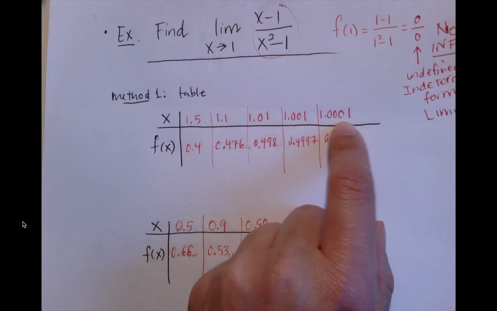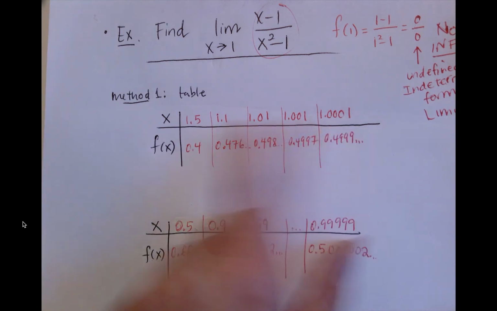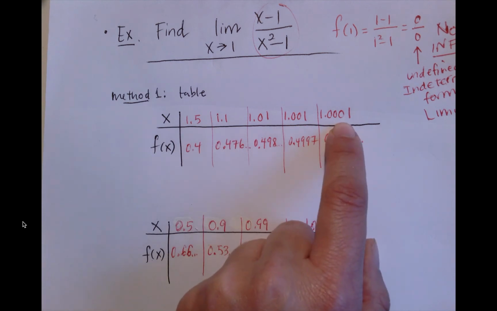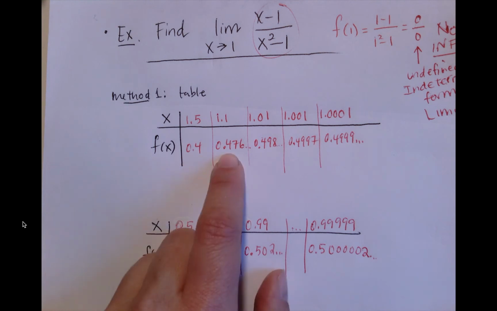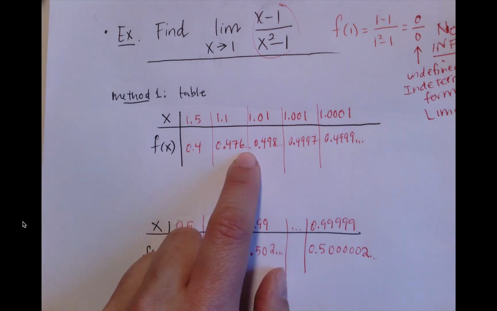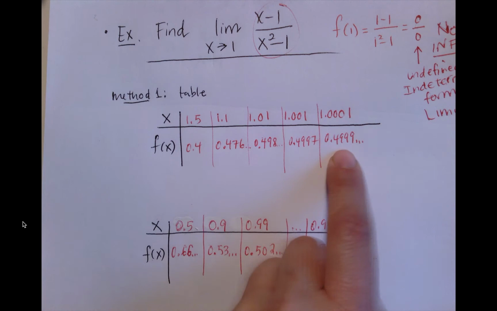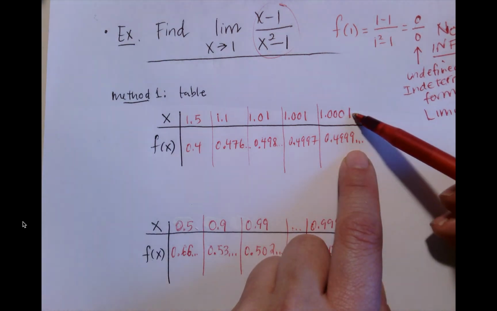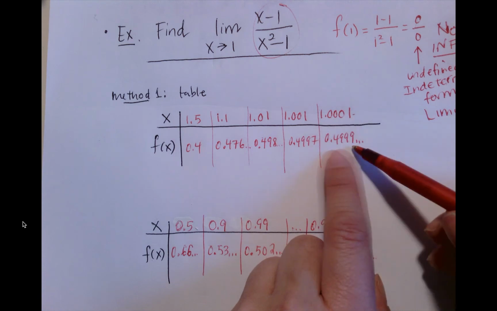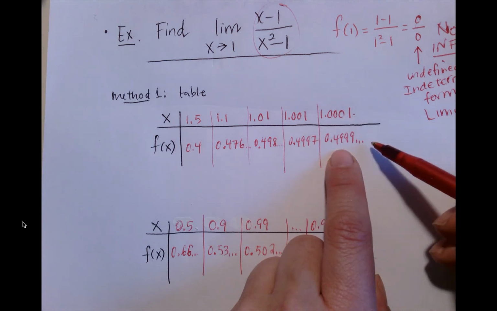I'm getting closer and closer to 1, but I'm approaching from the right. When I plug these values into my calculator, I get 0.4, 0.476, etc. And you can see the pattern here that as I get closer to 1, f of x is getting closer to 0.5, or 1/2.